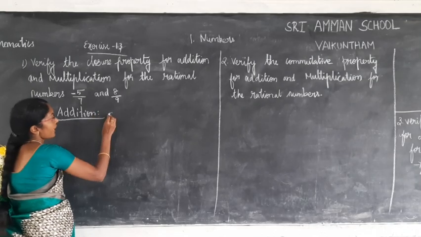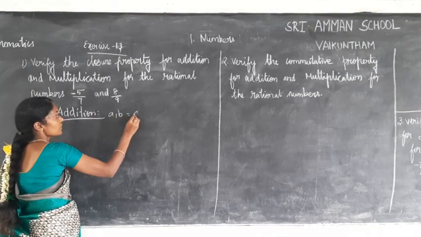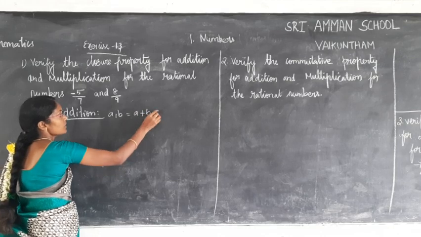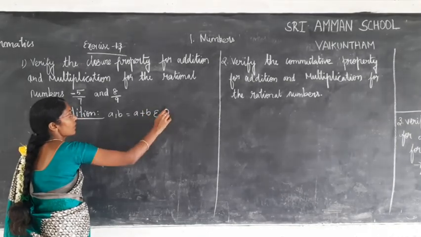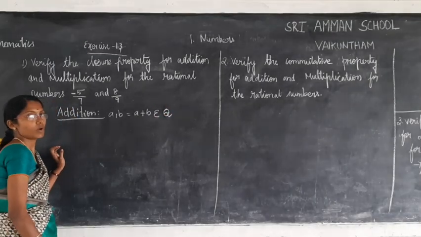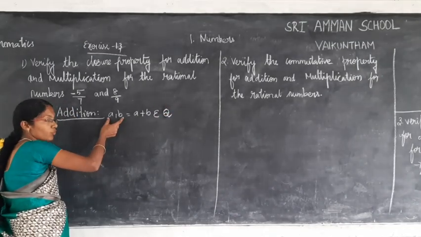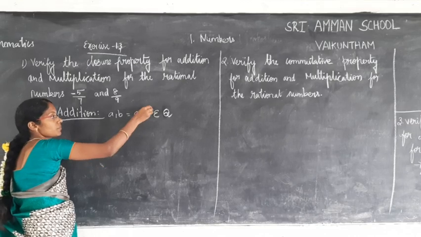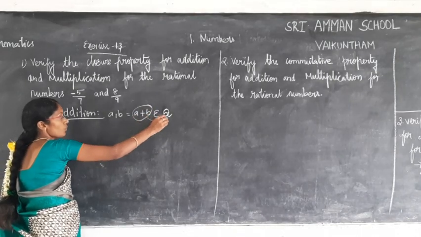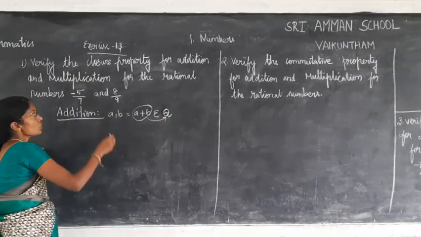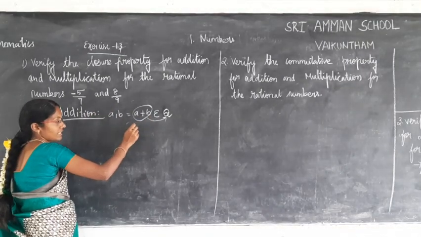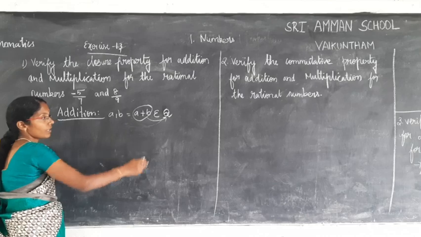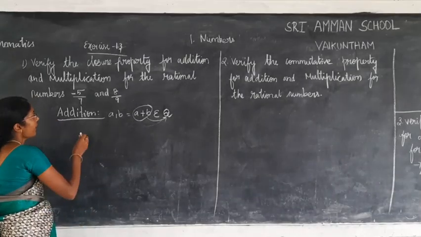For any 2 rational numbers a, b, a plus b belongs to rational numbers. So we have to add and check whether the result belongs to rational numbers or not.